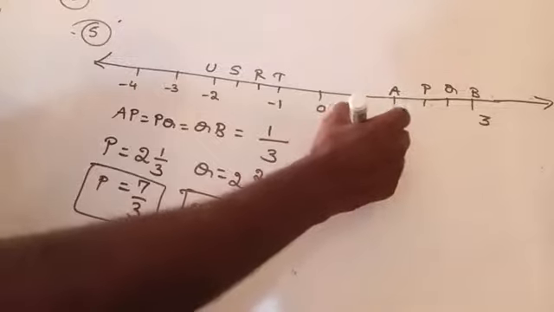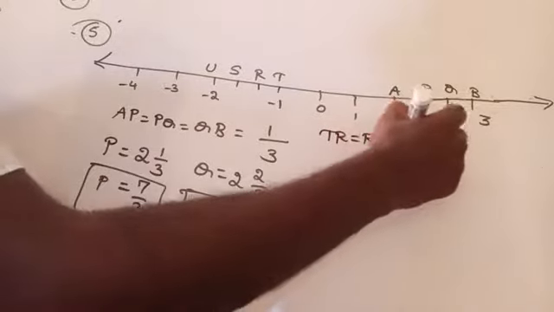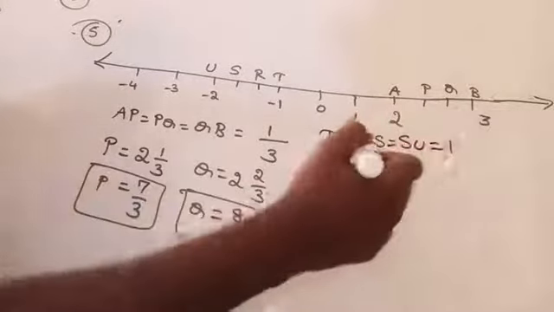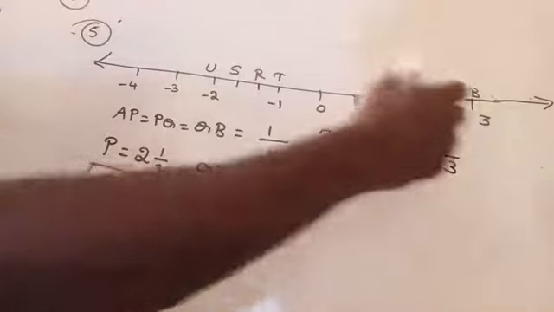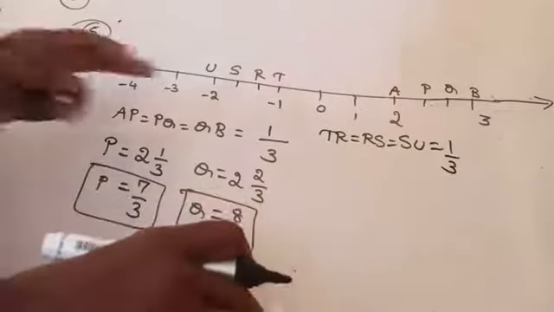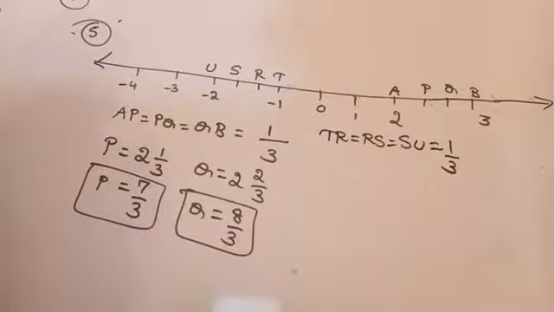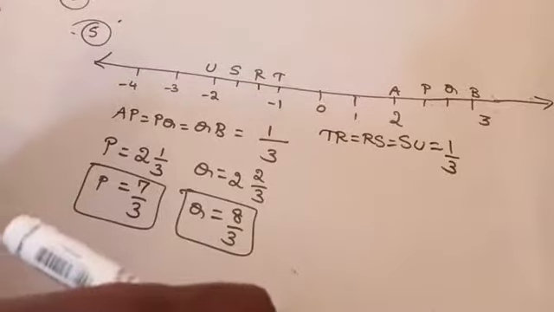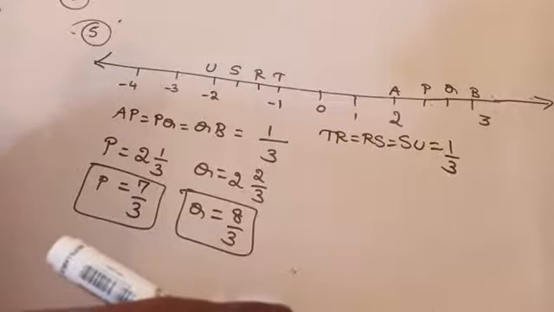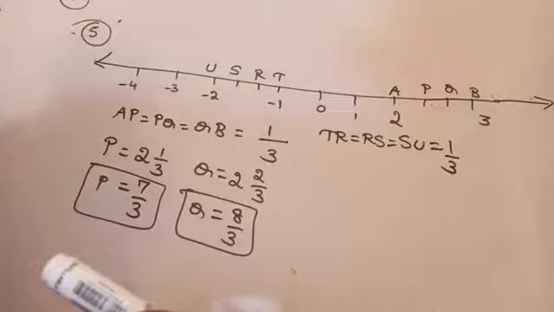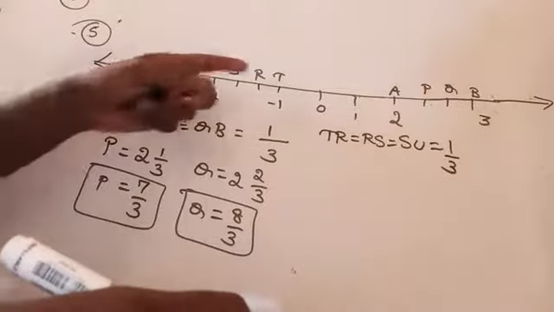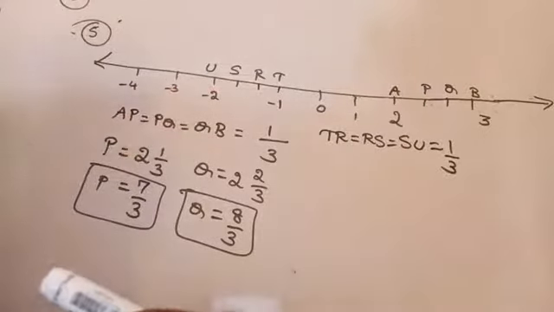TR equals RS equals SU, each 1 by 3. These are equal parts only. It's given that TR equals RS equals SU, so TU is divided into 3 parts.